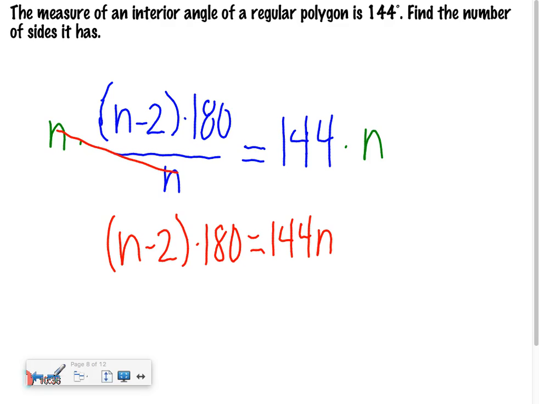What should I do on that left side now? Well, you can divide, but then you're left with another fraction, so what's another thing you can do? You can do it that way, but I'm going to do it this way. When you multiply into both of them, what is that called? Distribute. So I'm going to get 180n minus 360.